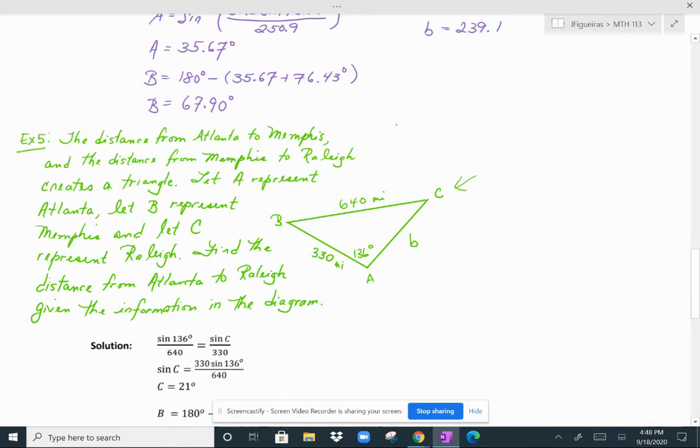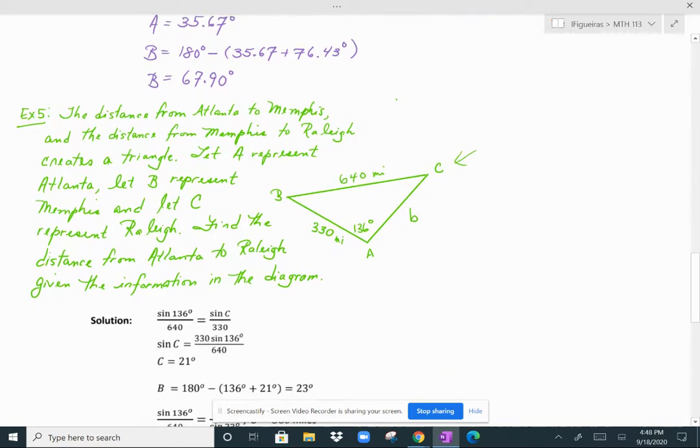And I can find out angle C because I know what the side opposite of angle C is. So I have the sine of 136 divided by 640, this was given in the problem and you can see it in the picture, is equal to the sine of C over 330.